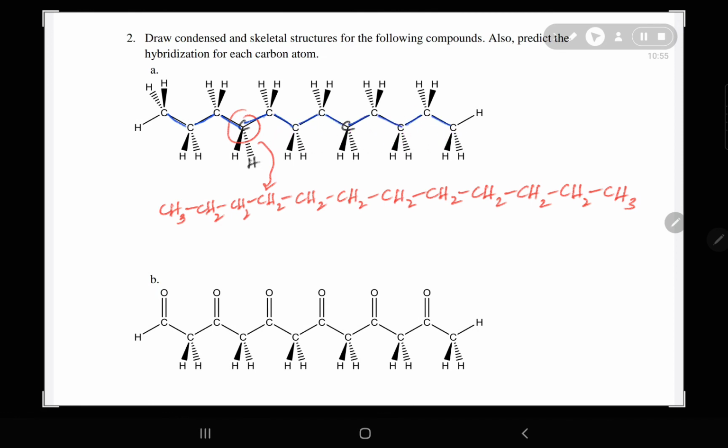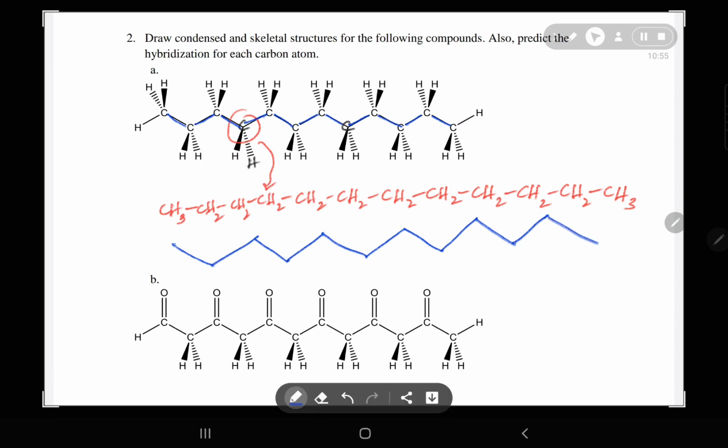You have 12 carbons in a straight chain. Start counting: 1, 2, 3, 4, 5, 6, 7, 8, 9, 10, 11, 12. You have 12 carbons and you only kept the carbon-carbon single bonds.